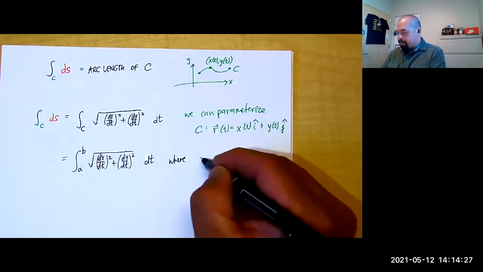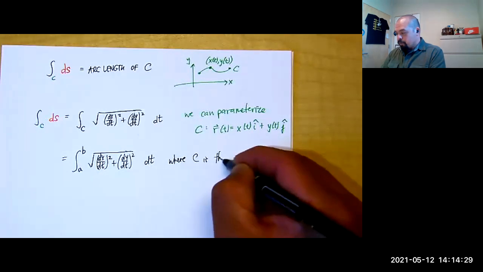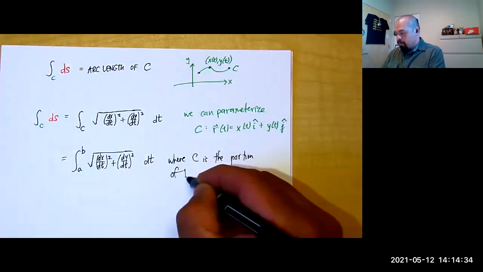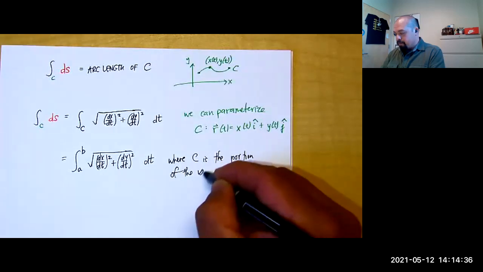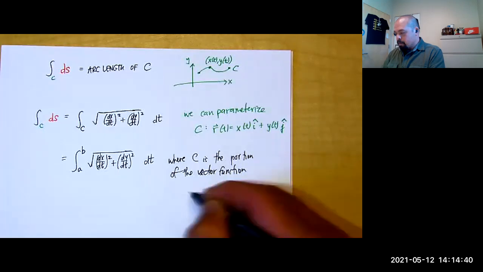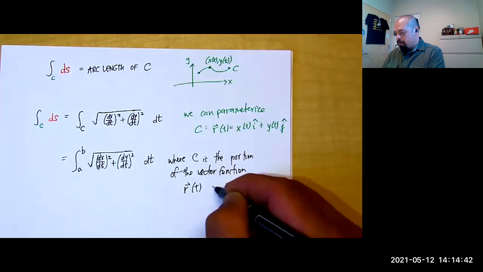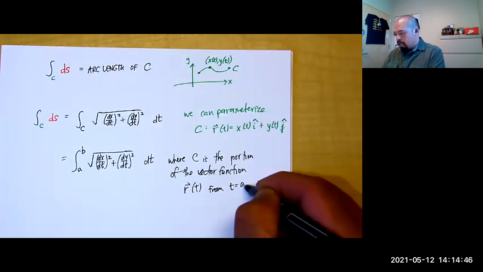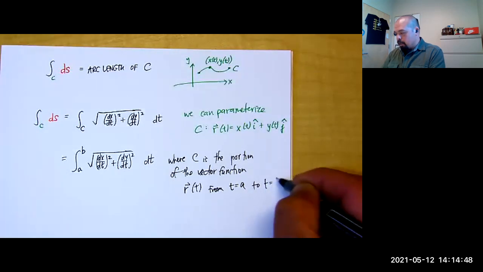Right, where C is that portion of the vector function r of t from t equals a to t equals b, right?